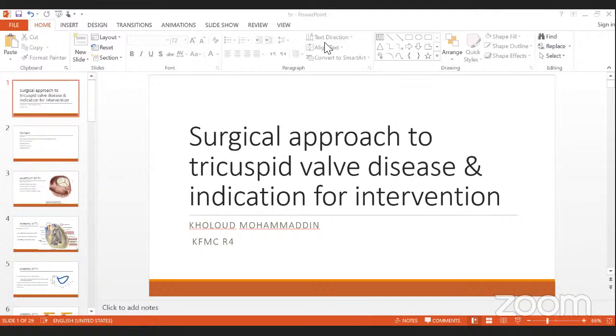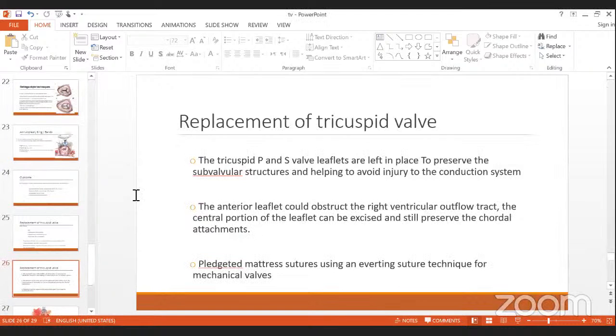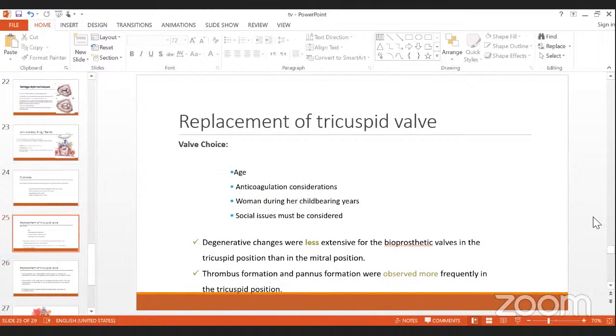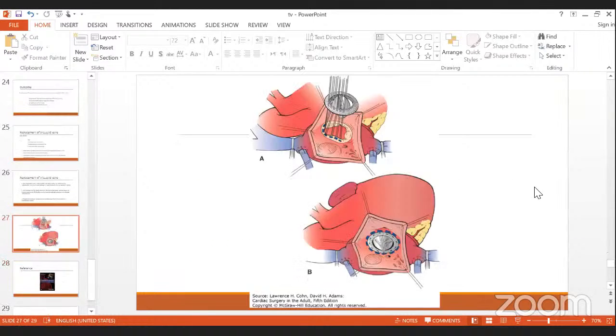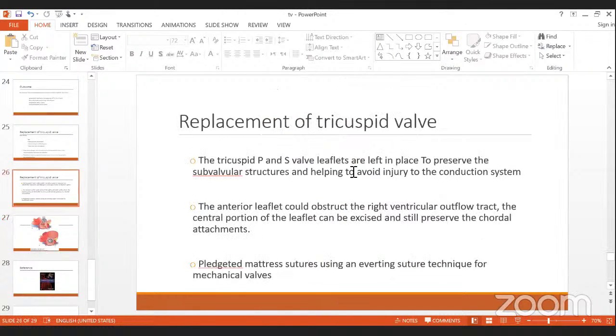Khulud, can you kindly repeat what you said regarding the leaflet in the replacement? If she can bring the picture again, the anatomy of the tricuspid. He's asking what you will do with the leaflet.